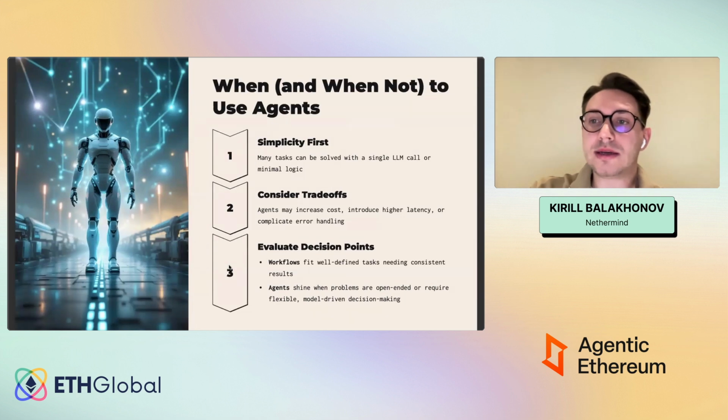So, when to consider agents? LLM features naturally tend towards complexity. The key consideration is whether the flexibility of an agent truly adds value to the specific use case, or actually adds more complexity.